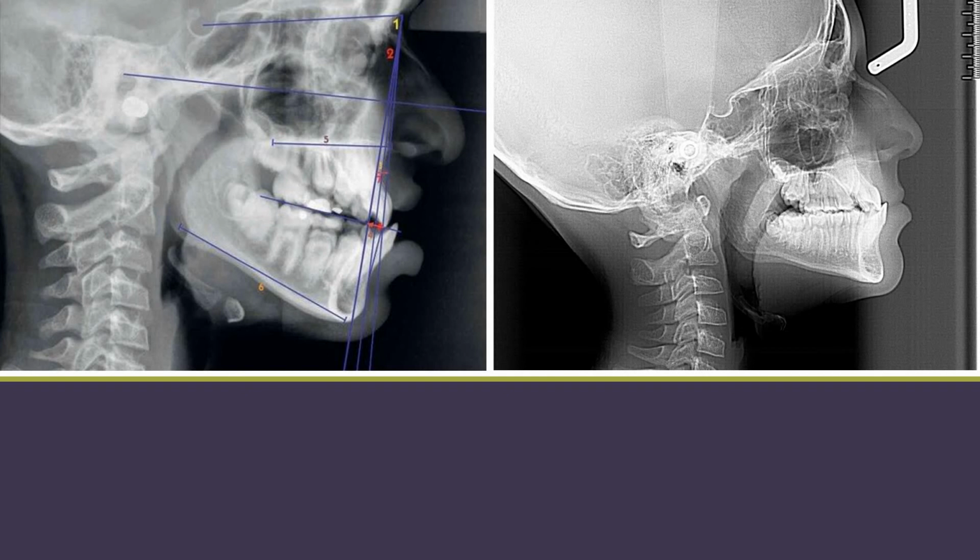The traditional approach to analyze patients with class 3 occlusion is to use A and B discrepancy. A and B discrepancy is the relationship between the position in sagittal plane of maxilla and mandible.